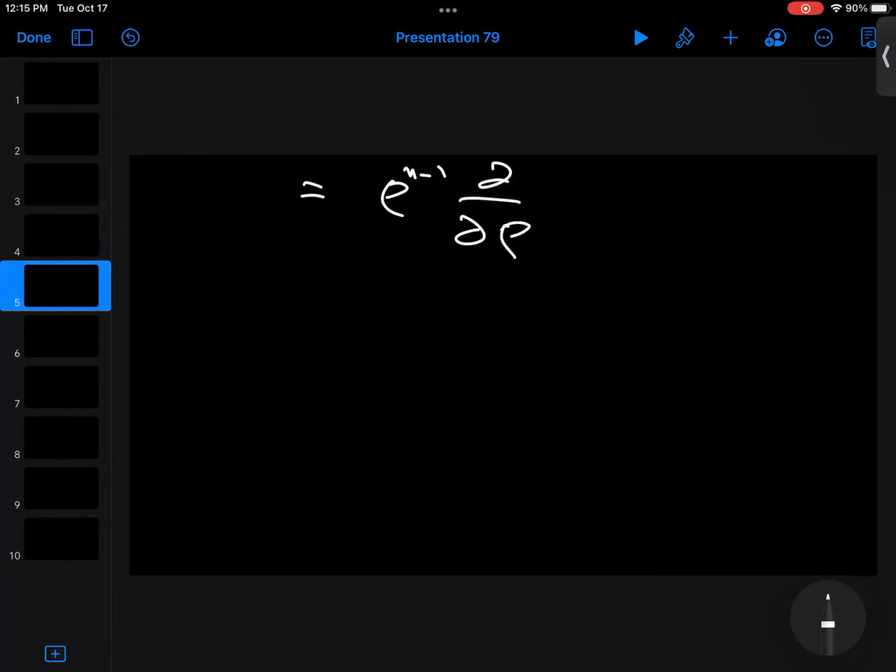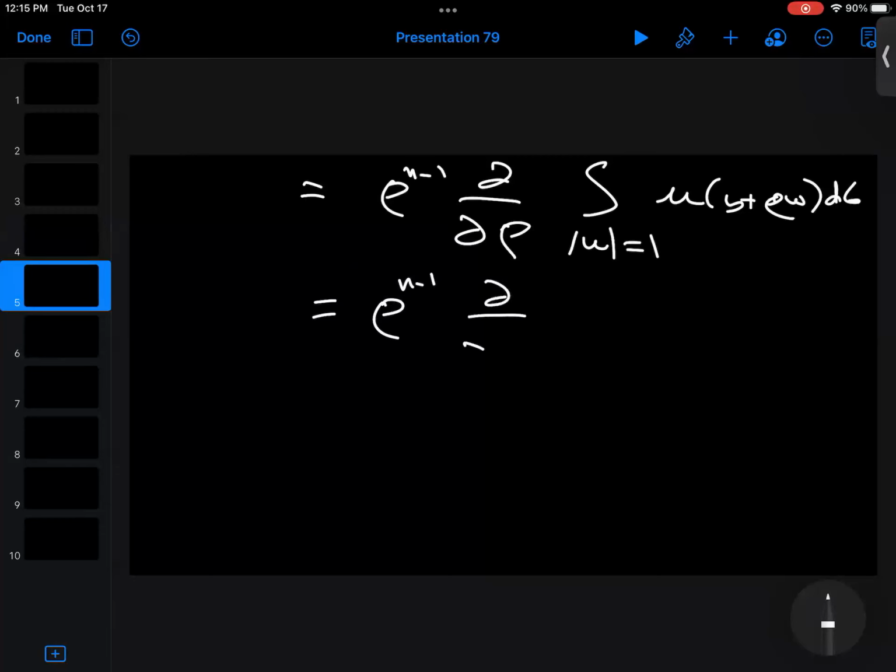So I took the derivative out of the integral sign. All right, and now I'm going to come back to my ball of radius rho.